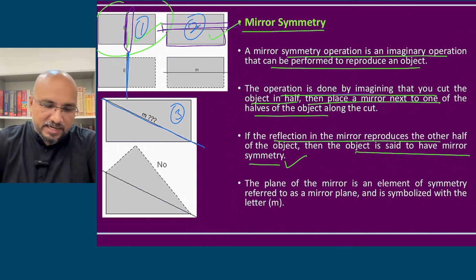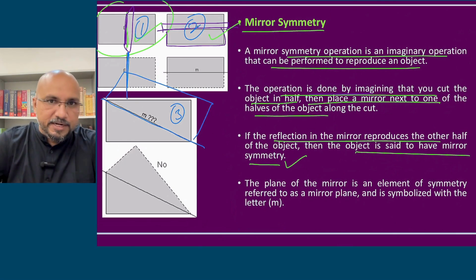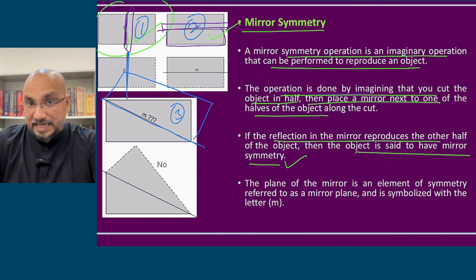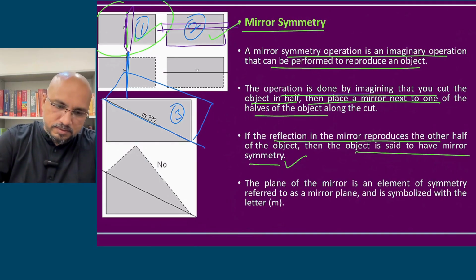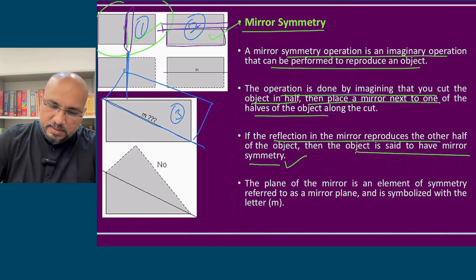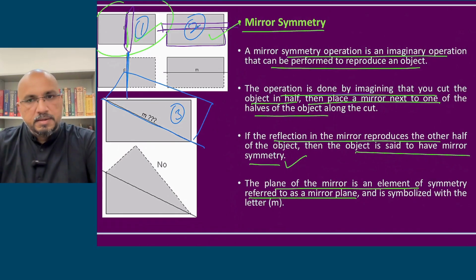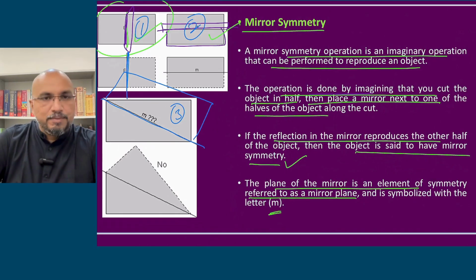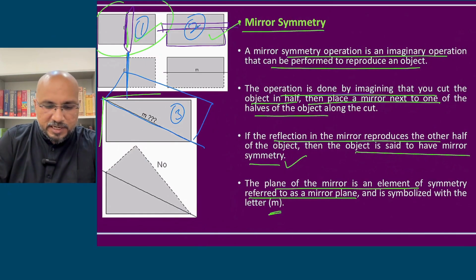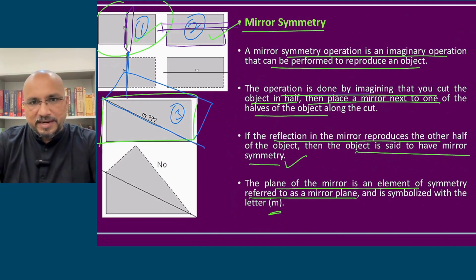When you cut it diagonally and place a mirror here, the image that is produced is not the exact half. The plane of a mirror is an element of symmetry referred to as a mirror plane. Its symbol is m. In this third case the original shape is not obtained.